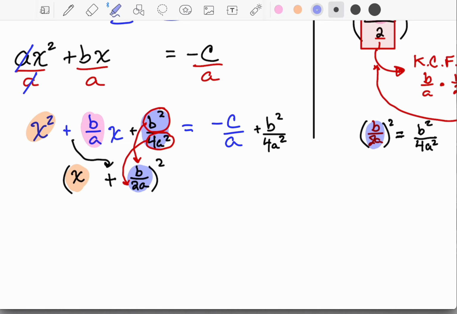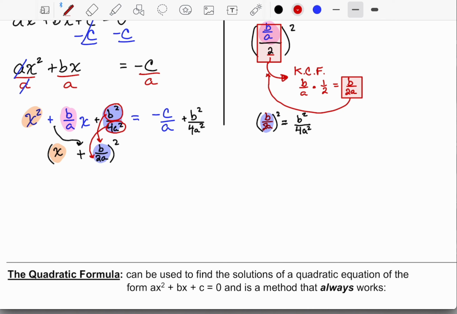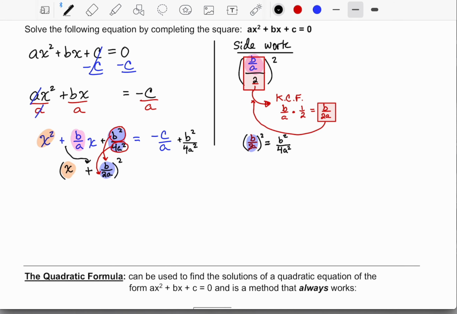Now, on the right-hand side, we need some more side work. I have to add 2 fractions. I'll just do it even more on the side. So I have negative c over a plus b squared over 4a squared.